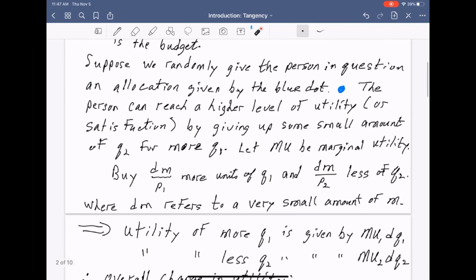Now, how do we know how much they have to give up of Q2 and how much Q1 they would get? Well, we'd have to look at the number of physical units they would have to give up.